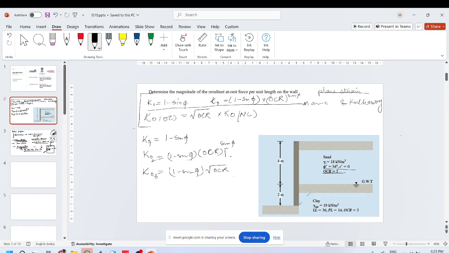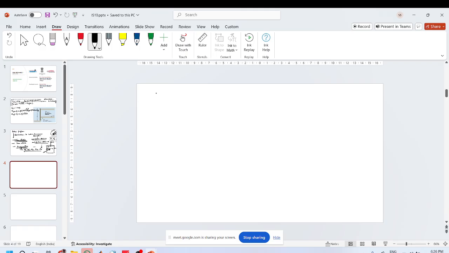This is called the Mayne and Kulhawy. Jaky's formula is.